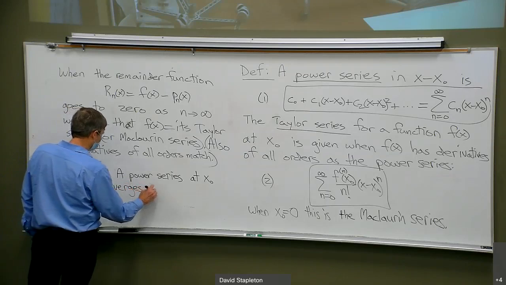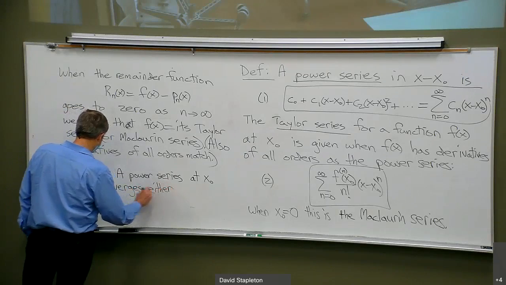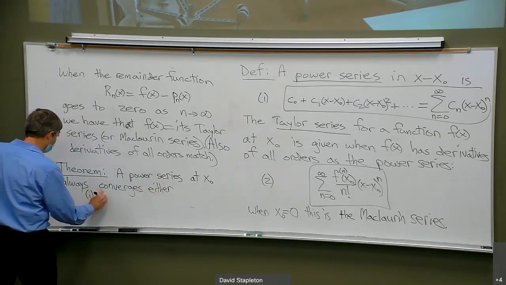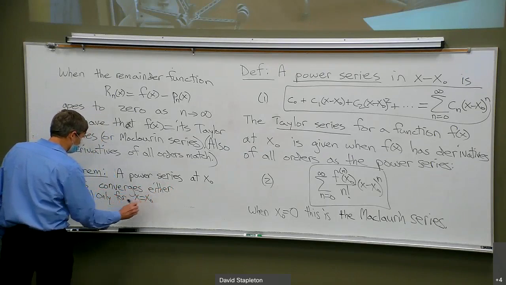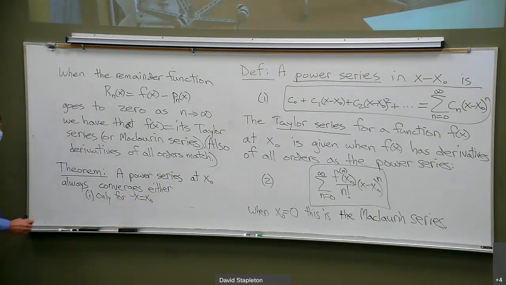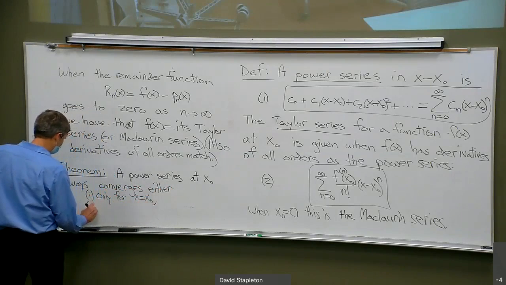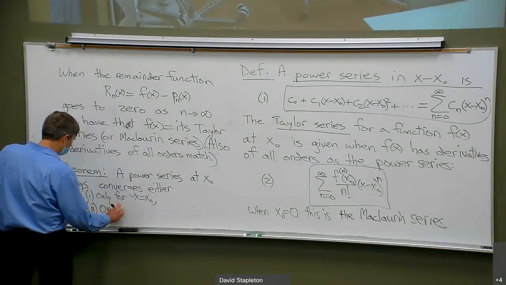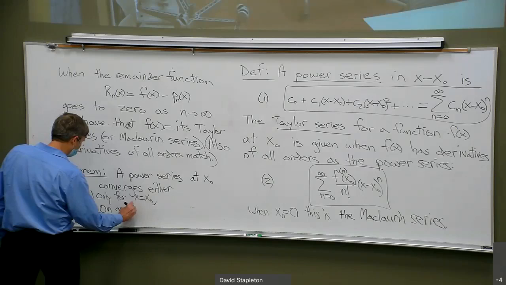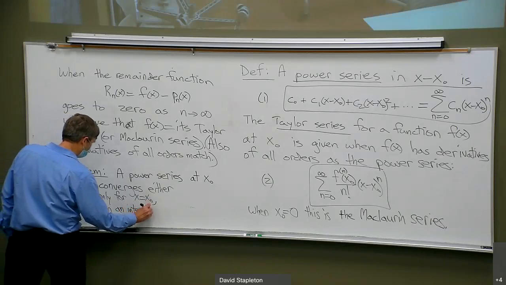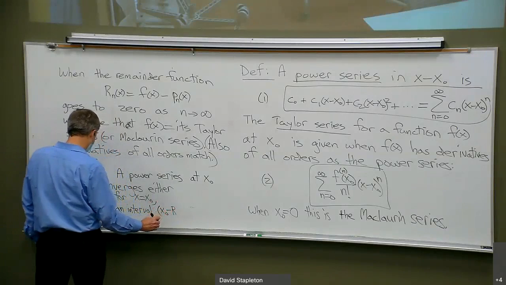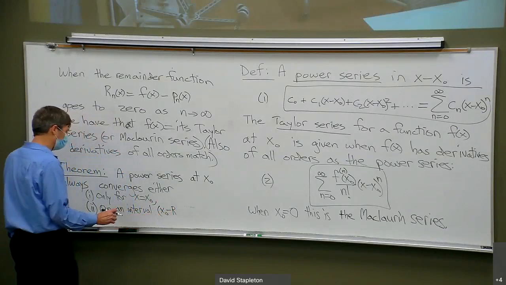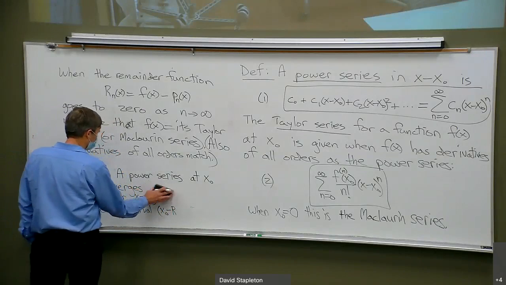It always converges either only when you put in x equals x naught, the point itself, or on an interval x naught minus r, and I should have said not converges, but converges absolutely.